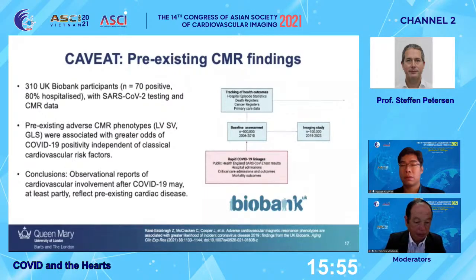We found that pre-existing adverse CMR phenotypes, like LV stroke volume and global longitudinal strain, GLS, were associated with greater odds of COVID-19 positivity, independent of classical cardiovascular risk factors. We concluded that observational reports of cardiovascular involvement after COVID-19 may, at least partly, reflect pre-existing cardiac conditions.